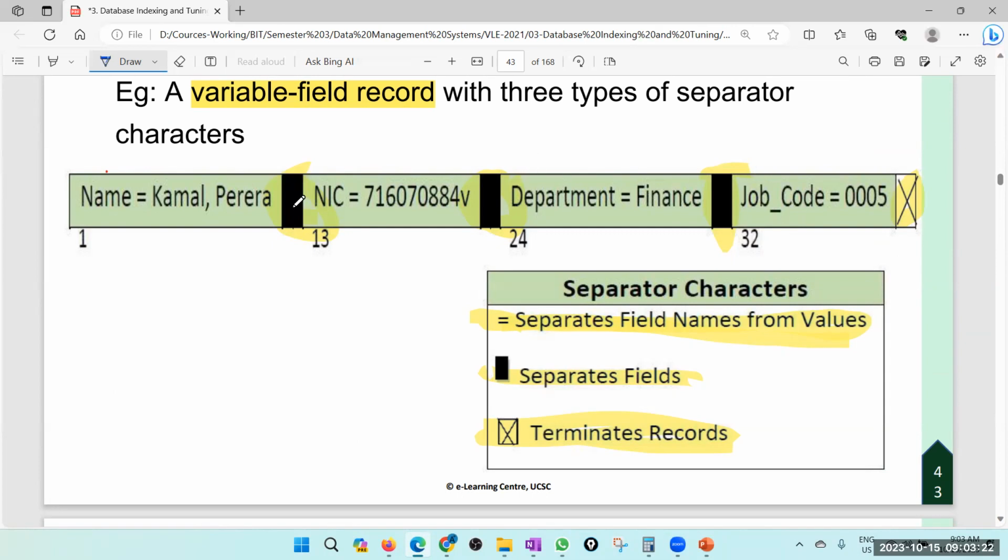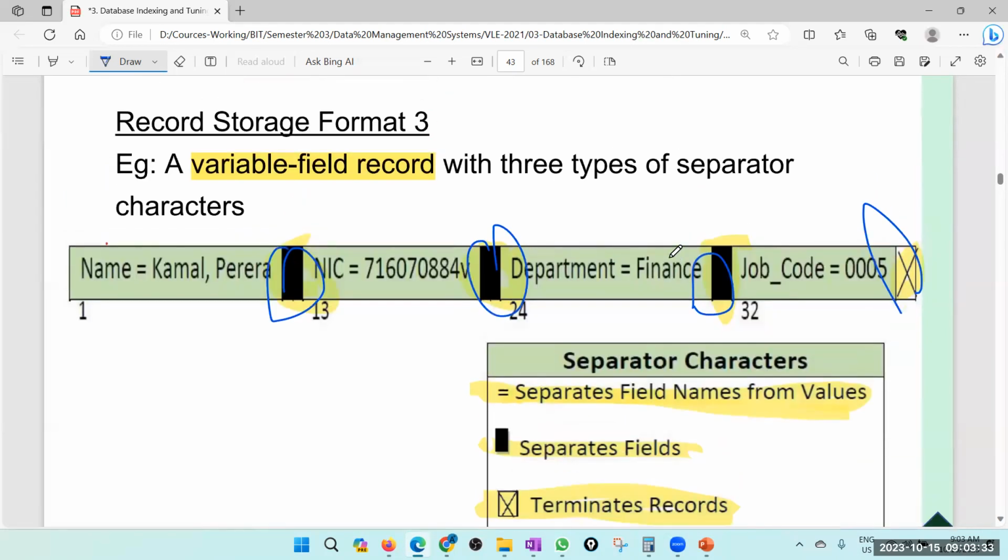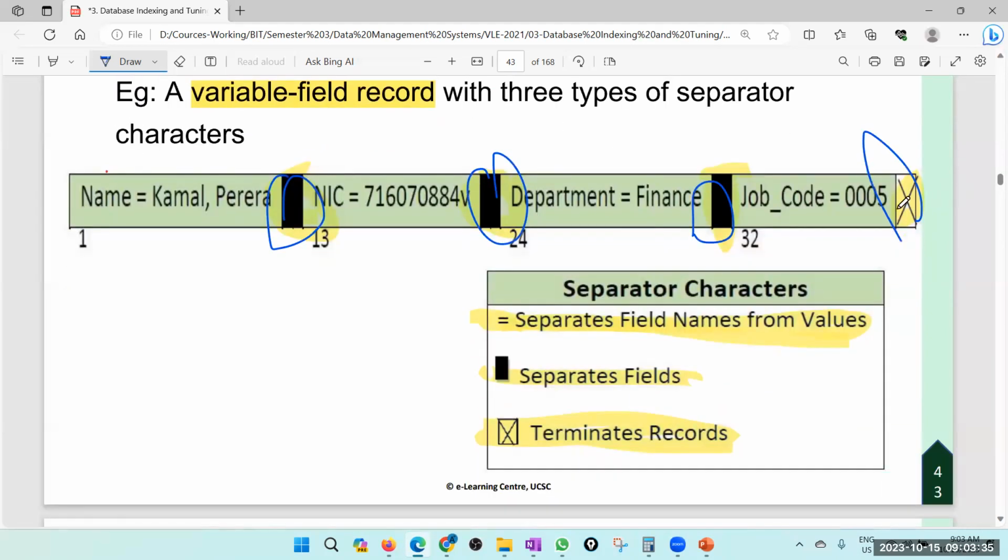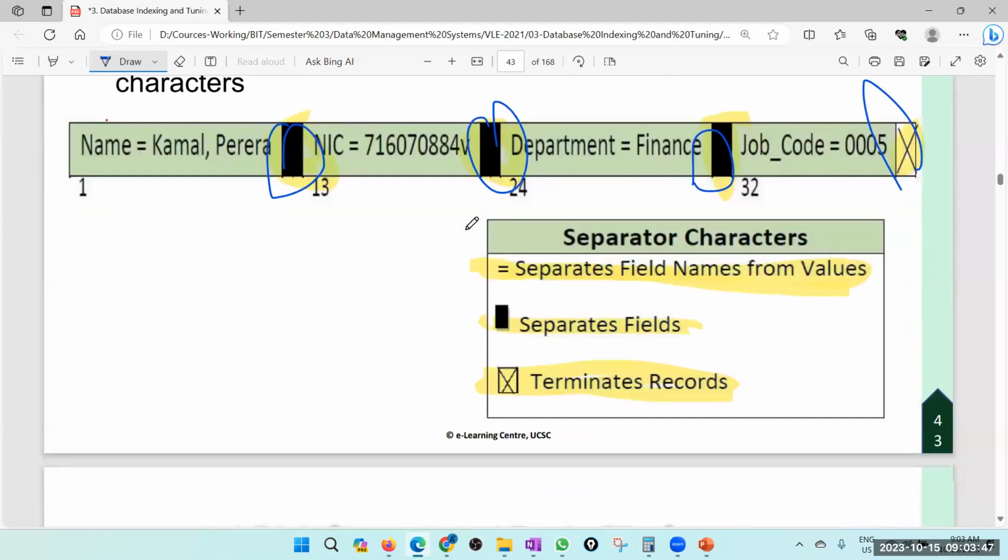But if you want, you can have a separator for the fields plus a separator for the record. Of course, then the record separator must be different from the field separator. Okay. But having these separators in variable length files is a must. In a fixed width file, it is optional, or usually you don't need it.